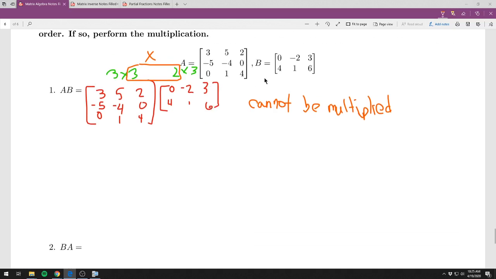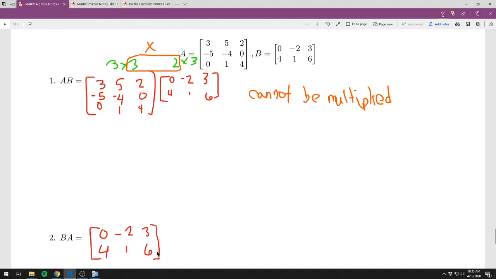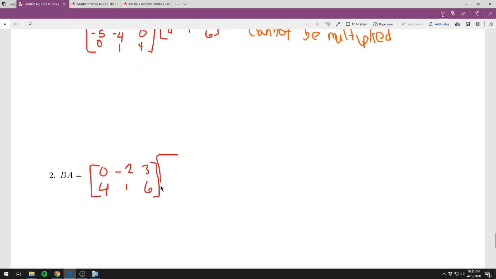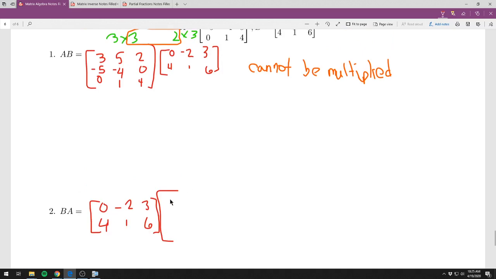If we want to do B times A, B is 0, 4, -2, 1, 3, and 6. Matrix A, a little bit bigger. We have 3, 5, 2, just copying this one, then -5, -4, 0, and 0, 1, 4.